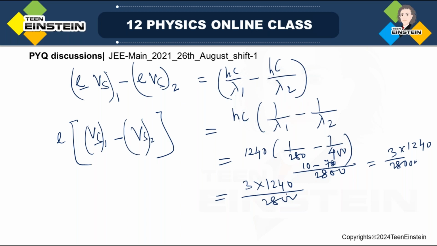So if you divide, 1240 into 3 divided by 2800, that is going to give you 1.3 or something. Yes, nearly 1.33 from here.